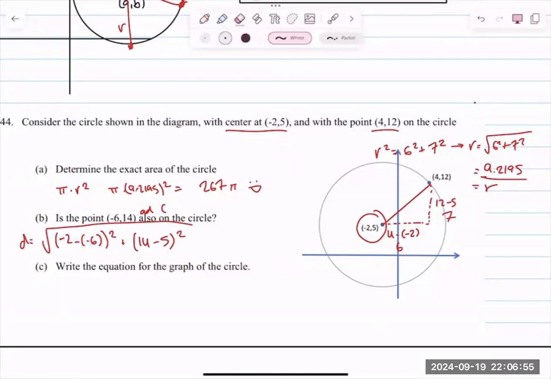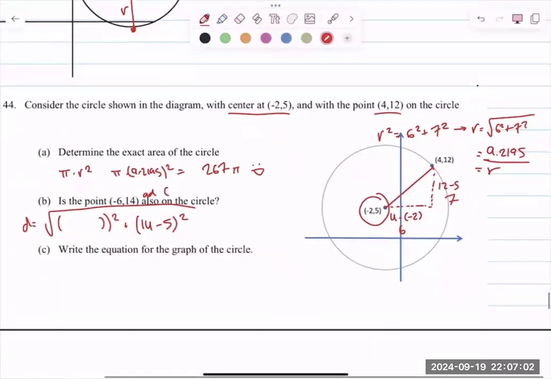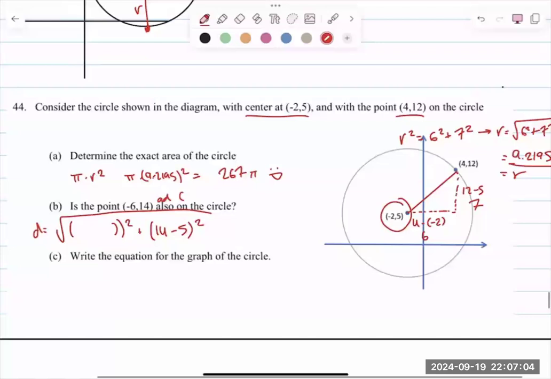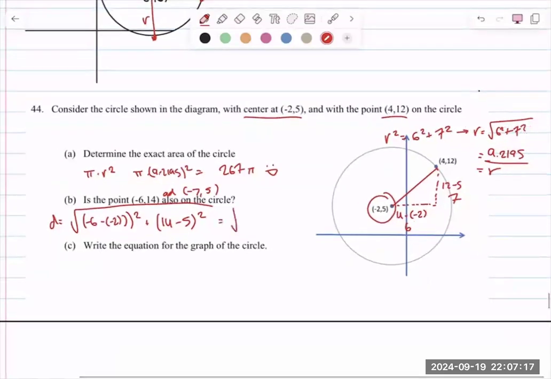I guess it's not technically super grave, but it could cause a bit of confusion, and I don't want that. -2, 5. Right, so the distance between this point and this point, I'll write the first coordinate first. So -6 minus -2, there we go. So this is the square root of -6 minus -2, this is -4, quantity squared, plus 9, quantity squared.